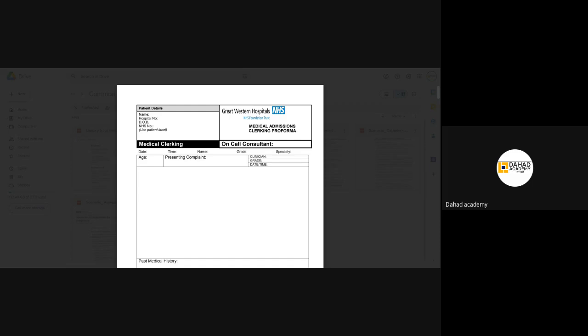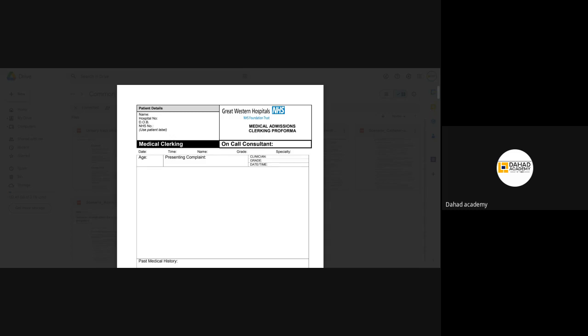The patient will present with symptoms to you, and you will decide, is it lower urinary tract infection or is it upper urinary tract infection like pyelonephritis or something like that? And is the patient in sepsis or not? Right. So this will be the first thing you need to know.